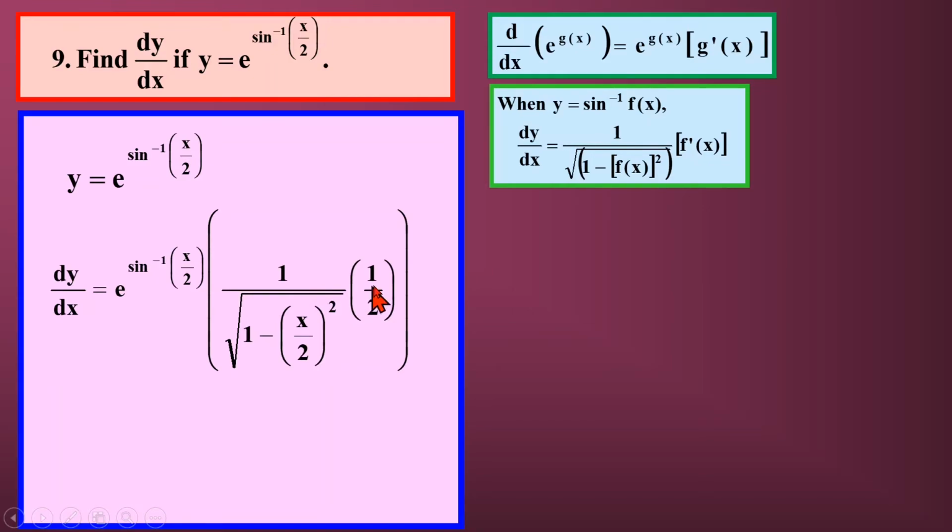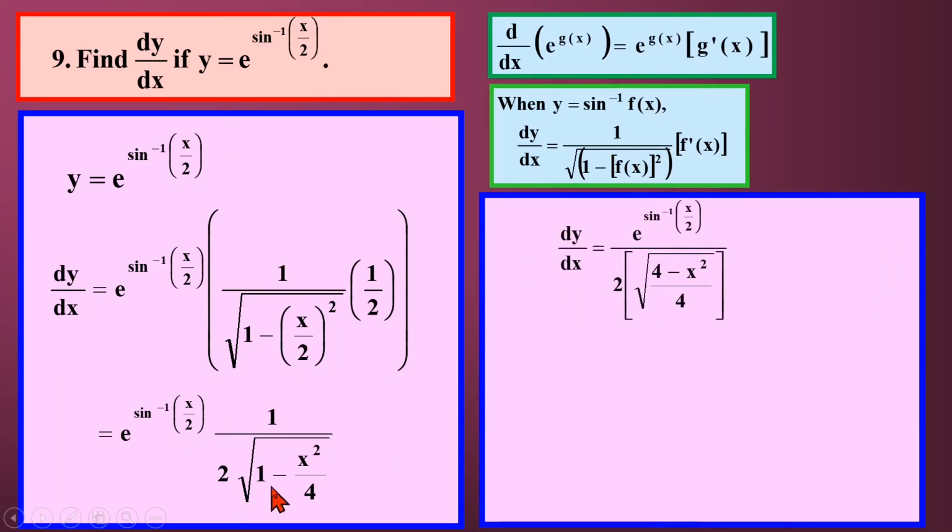Differentiating x over 2, we will have 1 over 2. Now, let's combine this part here. So I have 1 minus x squared over 4. Now, you can consider combining straight away into this format without going into these steps. I just want to show so that you don't get confused.